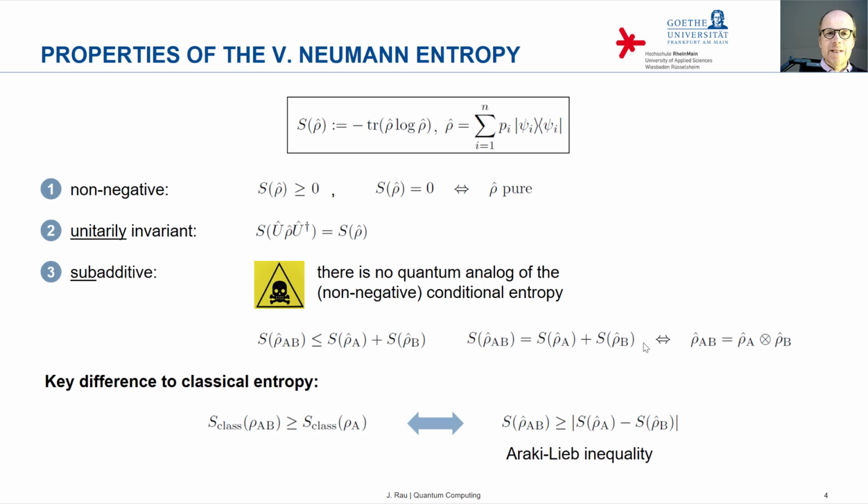This difference is 0. So the right-hand side in the Araki-Lieb inequality is 0. And the left-hand side, the joint entropy of the entangled Bell state, that's also 0. So it's satisfied. But that's all we have in the quantum case, this weaker lower bound.